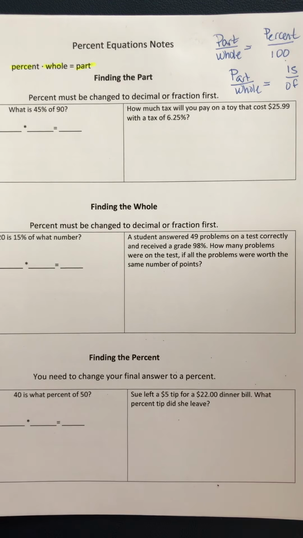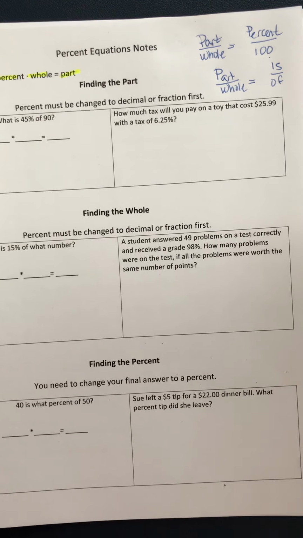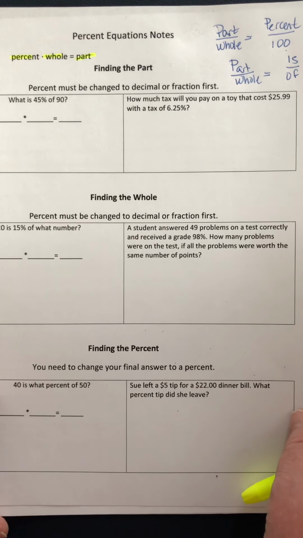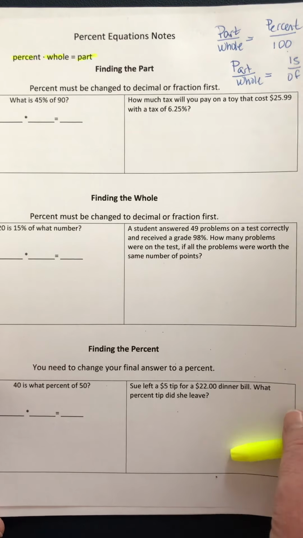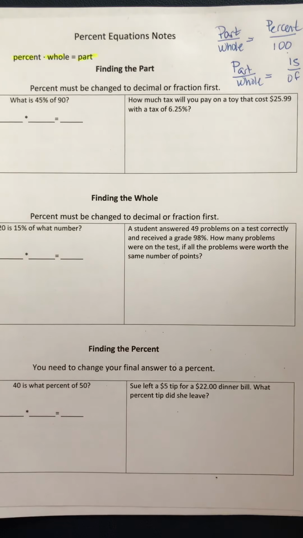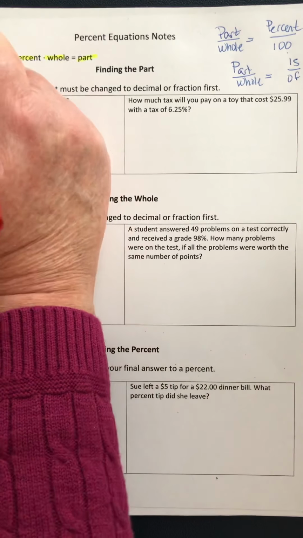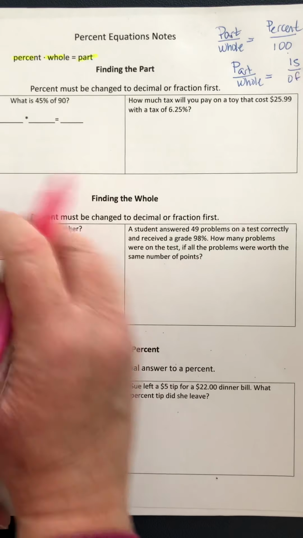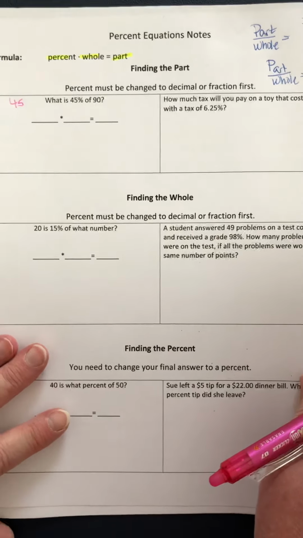So let's look at finding the part first. Sometimes you'll miss the percent, sometimes you'll miss the whole, sometimes you'll miss the part. So finding the part. The percent must be changed to a decimal or a fraction first. And I actually find it easier to change my percents to a decimal. And I know 45%, I write my 45. Make sure you can see that.